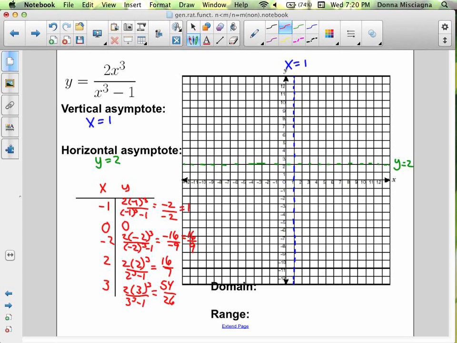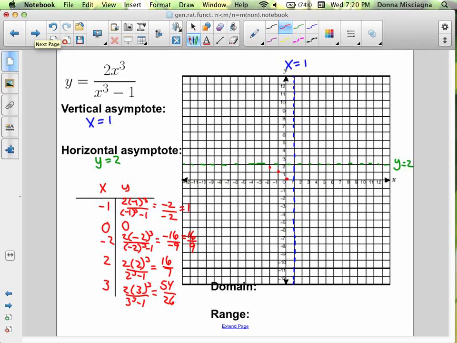We'll graph them. All I've got to do is graph the point negative 1, 1. That's right there. 0, 0. And then we have negative 2, 16/9. Well, 18/9 is 2, so this is a little less than 2. About there.